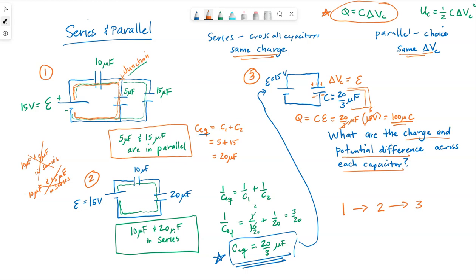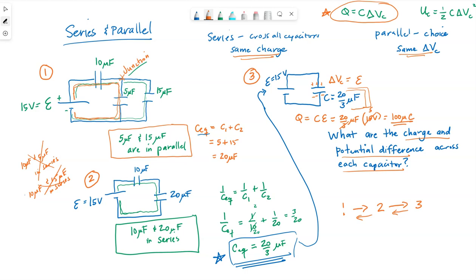Well, to get back to charge and voltage, potential difference is the same as what I mean by voltage, and even energy, I have to work back through these same steps to do so. So from this circuit 3, I need to take a step back to circuit 2, and then from 2, we'll take a step back to circuit 1.